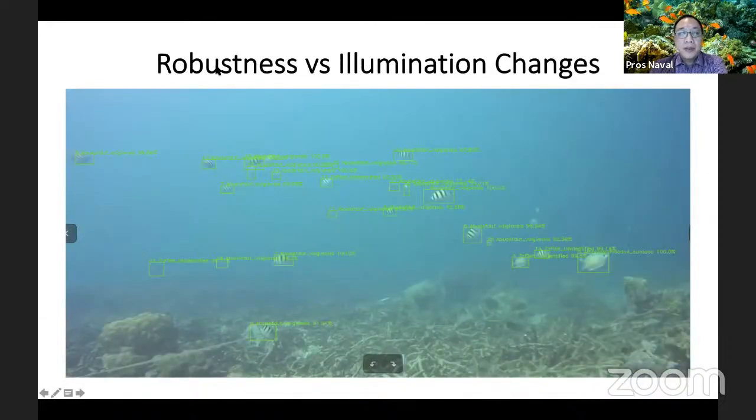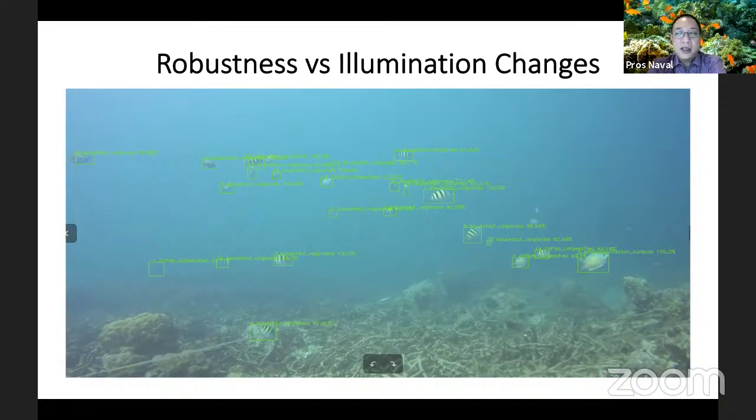So our algorithms are robust against illumination changes. We didn't realize that it's very difficult to process underwater images. We thought that what works on the surface above the water would work underwater, and we were mistaken.